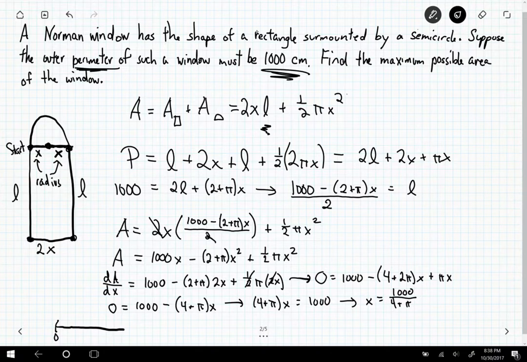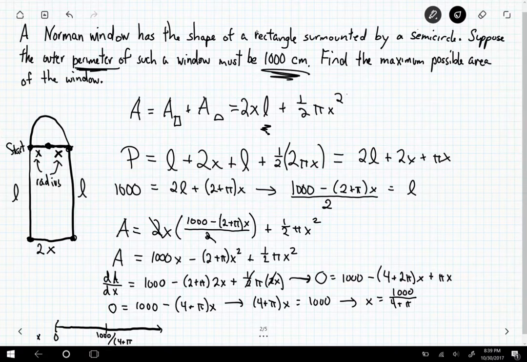And then you can go any sort of width that you want, as long as we still have that perimeter holding. So the only caveat here is we're going to have 1000 divided by 4 plus pi up here somewhere. And up top, so these are your x values, and we're going to kind of keep on going.